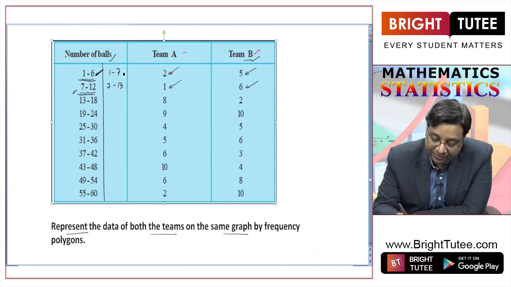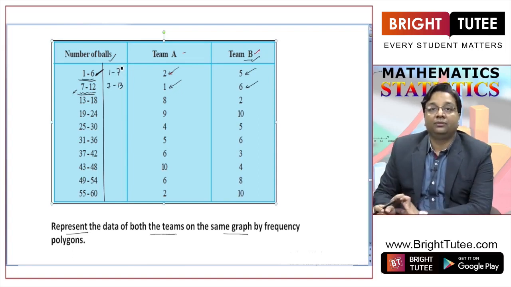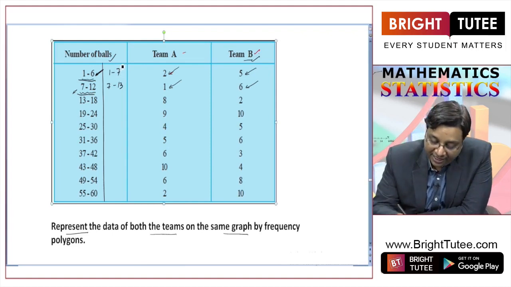Now what happens is this has become an exclusive interval, right? So 7 anyways is not considered in this class, it will be considered in this class.